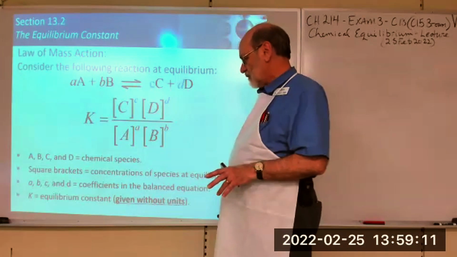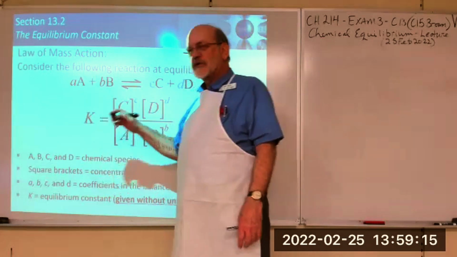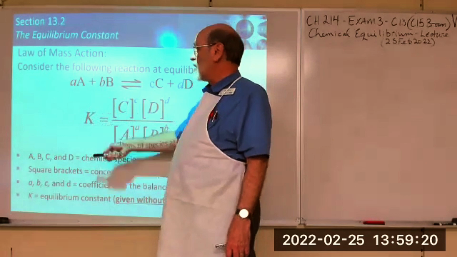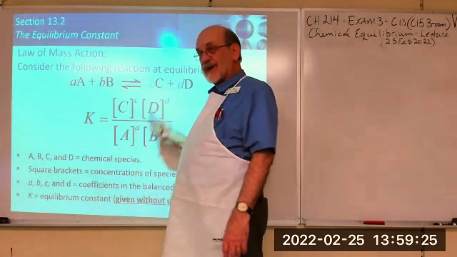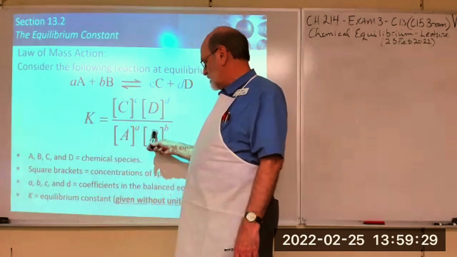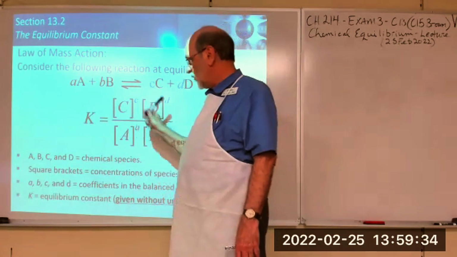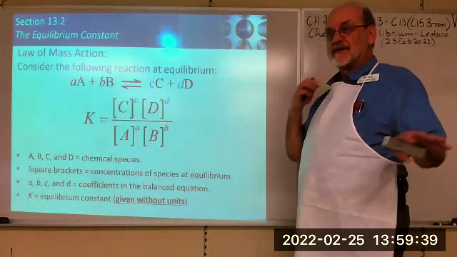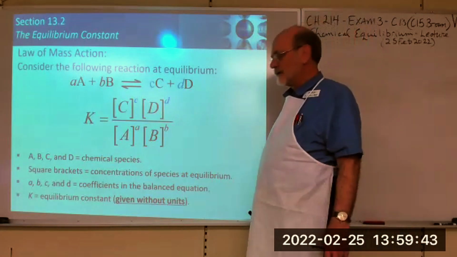So we typically, when we report the K value, we don't put units of measure. We just have to specify, where does that K come from? The K comes from that equation. And if you set it up properly, then you'll get the right answer. So if you know the K and you know 3 of these, you can find the 4th one. Or if you know all 4 of them, you can find the K. And the units of measure are set aside because they can be so complex, it's just a nightmare to try to deal with them.